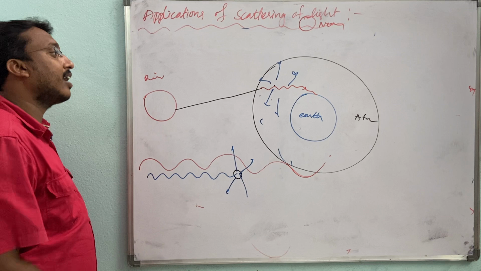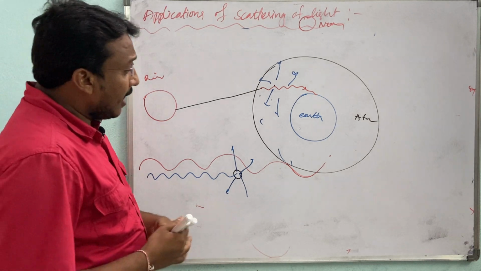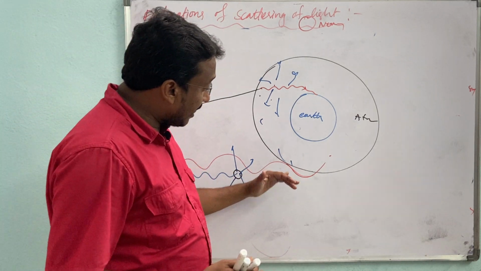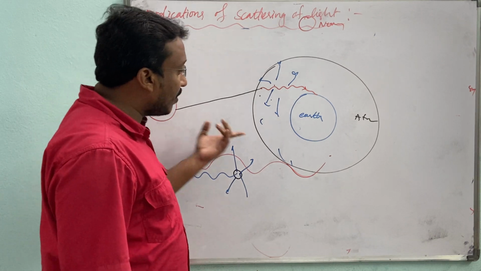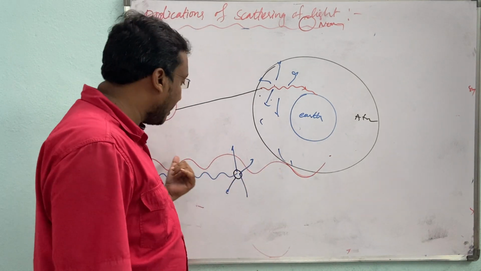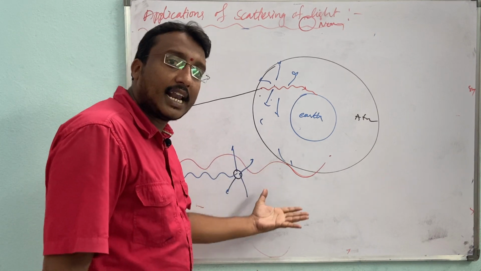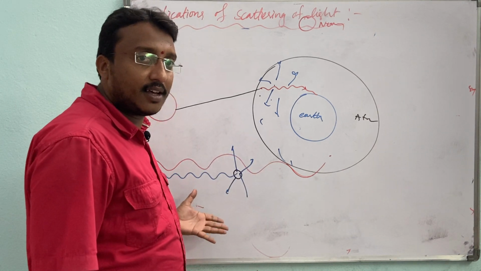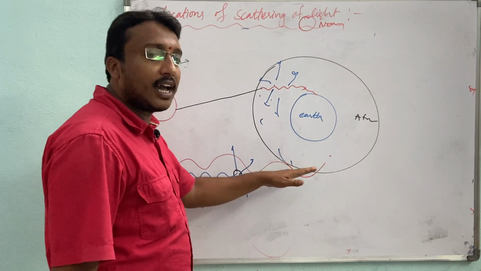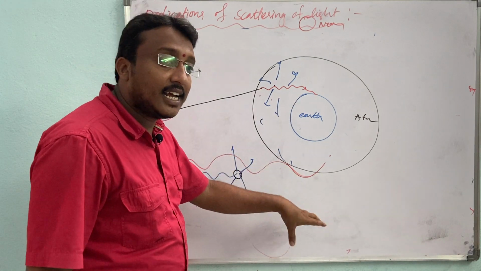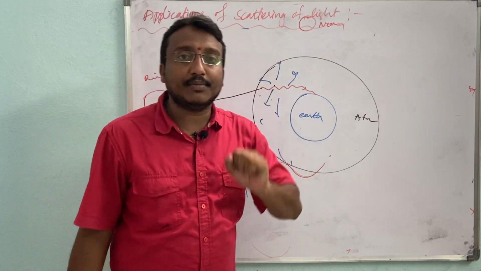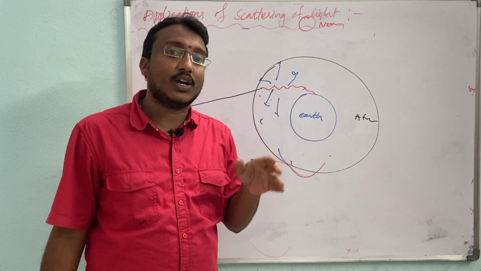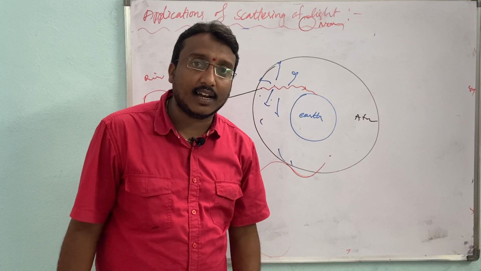Got it? Right. Here, by the same concept, you came to know that the red color travels a much longer distance than other colors. Why? Because it has a longer wavelength. Due to this reason, the red color is used to show danger symbols. Red lights are used in traffic signals.